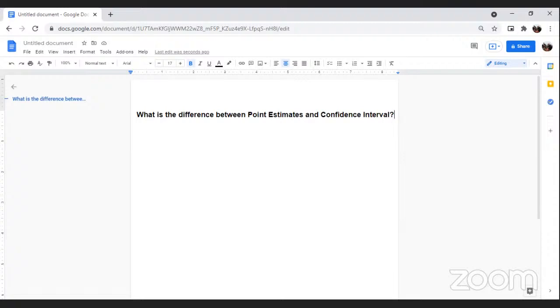So the next question is, what is the difference between point estimates and confidence interval? I'll pause for a while till I get the answer.